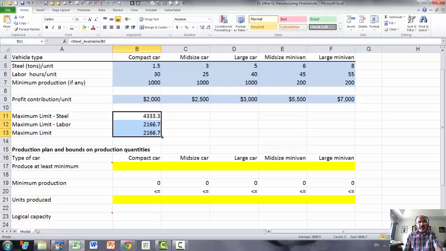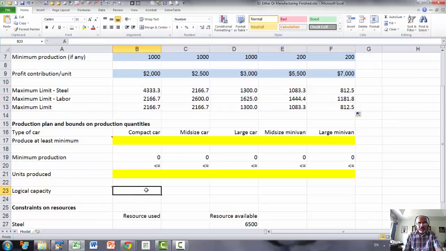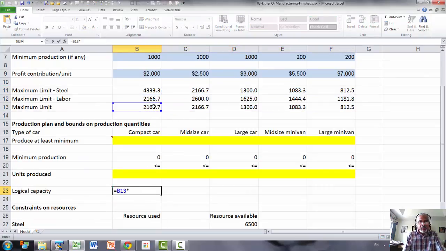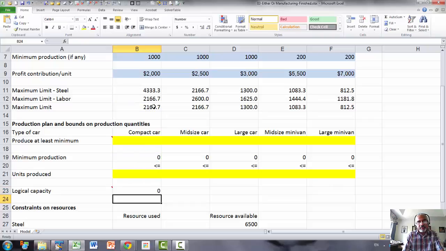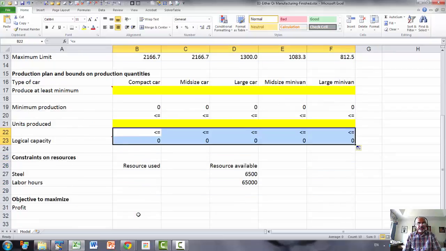We copy that. So you get the maximum limit. So that's our logical capacity. You take the maximum limit and you multiply by the 0, 1 variable. And what we produce must be less than or equal to that upper limit. So we have a lower limit and then an upper limit.